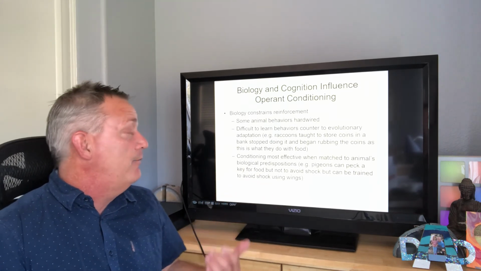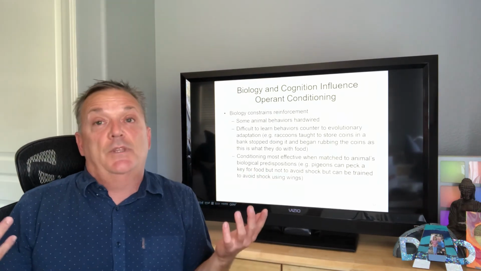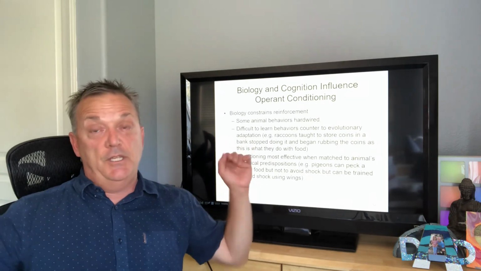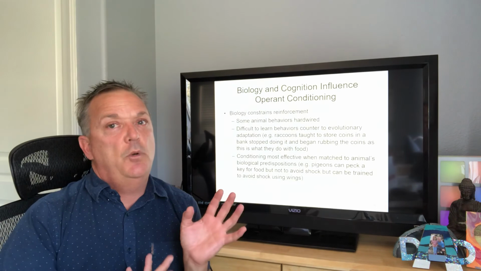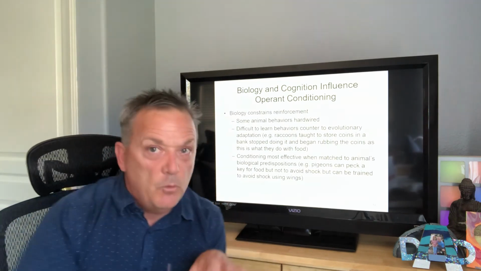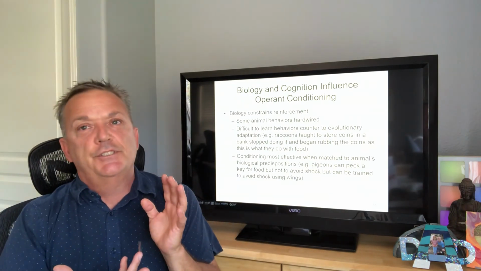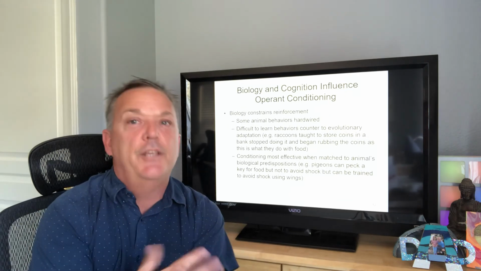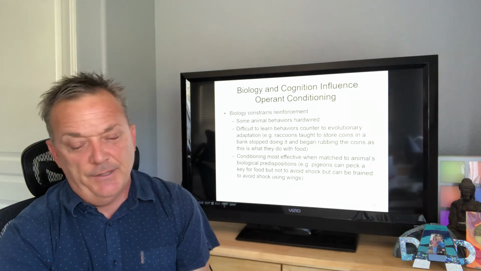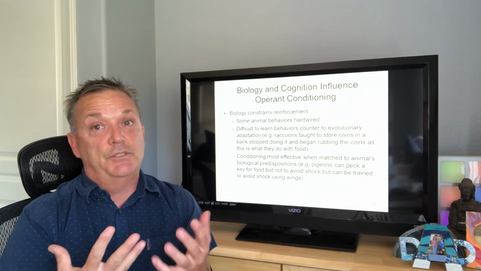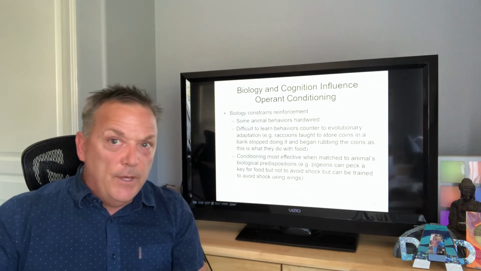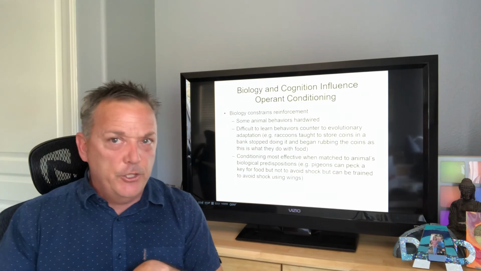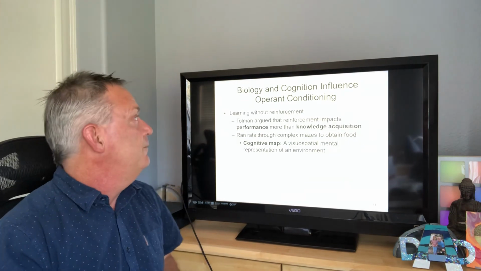But they can be trained to avoid shock using wings, because this is what they do when they avoid things: they use their wings and don't peck at things, right? So you kind of have to go with how the animal is hardwired, like pushing a river, you can't push a river. That's the idea, that there are innate genetic influences, and you've got to work with them if you're going to train that raccoon or pigeon.